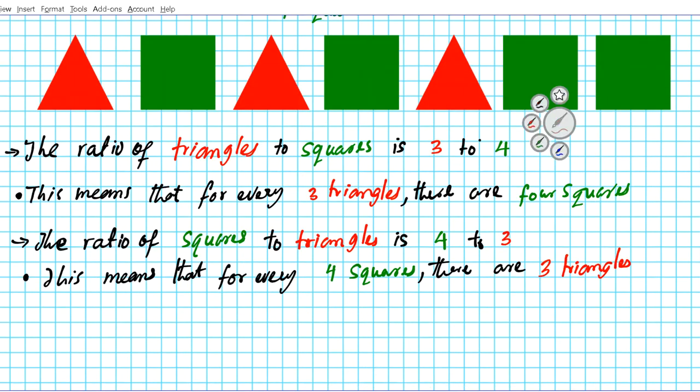So what we're going to do now is express this ratio in 3 forms. The form that we have here is the word form for writing ratios. We also have a standard form and a fraction form.